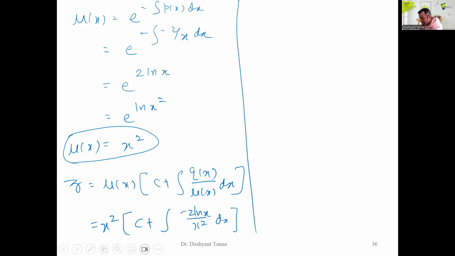If you don't know how to do it, you can always split out. Where I'm going to split out the integration of minus 2 ln x over x squared. How do we integrate that?